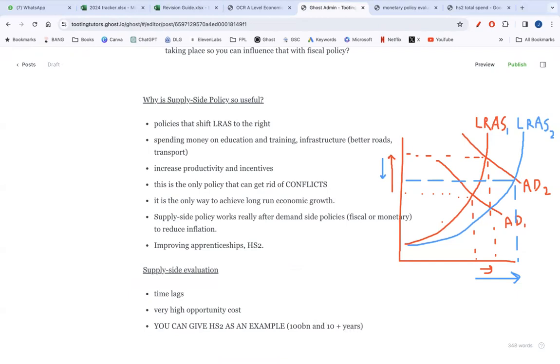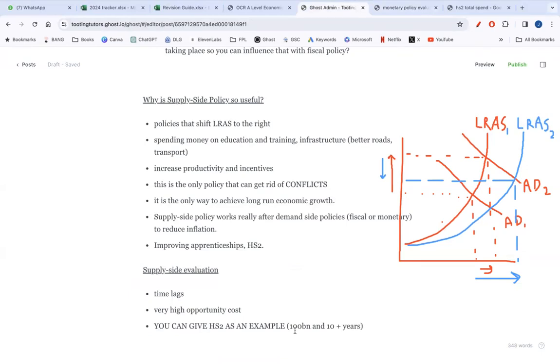Even you can give COVID as another example. COVID was meant to be a supply side policy to improve the health of the economy, and they spent billions on masks and vaccines and stuff, most of which was probably for a good cause, but then there was also overspending.